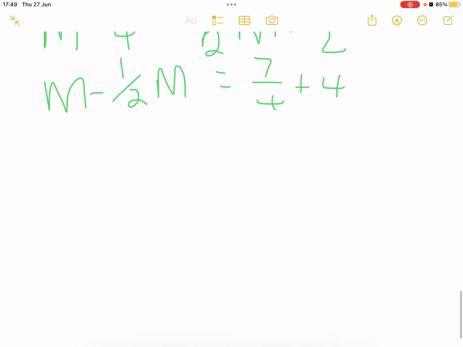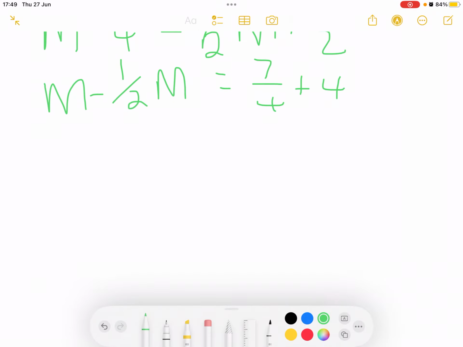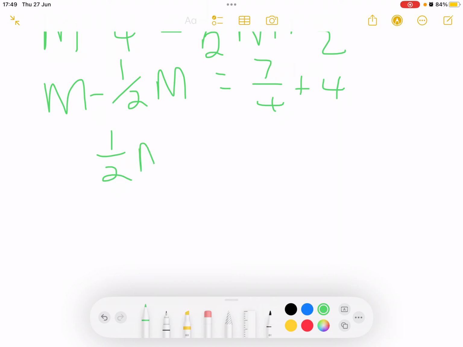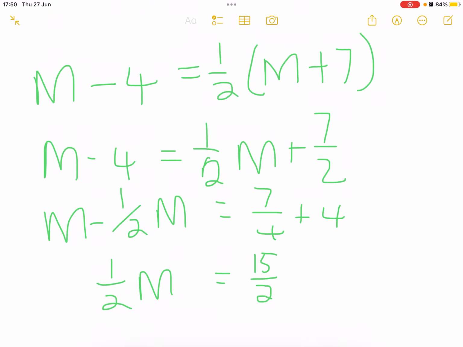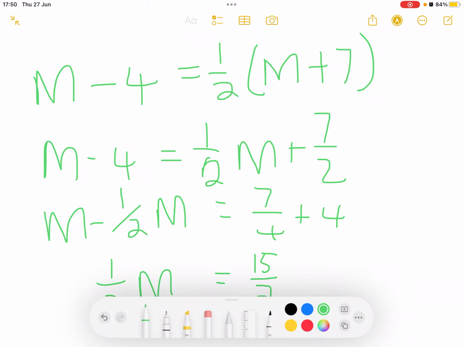And this sums up to be half of m is equal to 15 over 2. Where did I get this 7 over 4 now? I need to erase that. That's a 7 over 2.